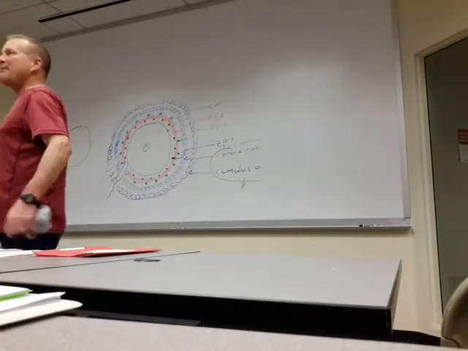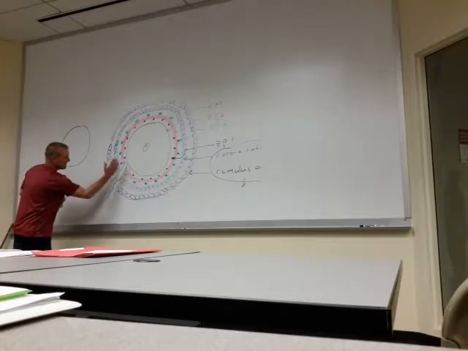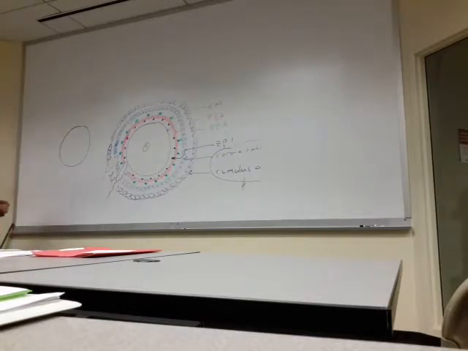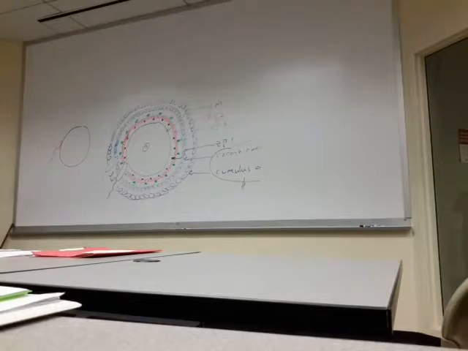Secondary binding holds spermatozoa in proper orientation for penetration. So it's got to hold it in just the right place there. All right, so fusion of gametes. The cell membranes of the sperm and the egg have come together.